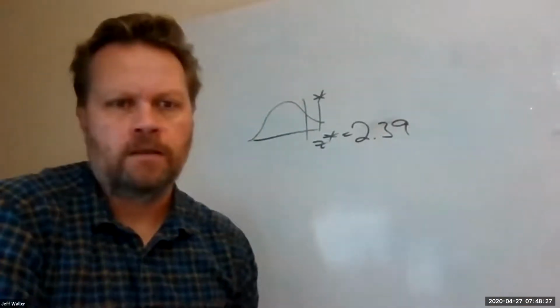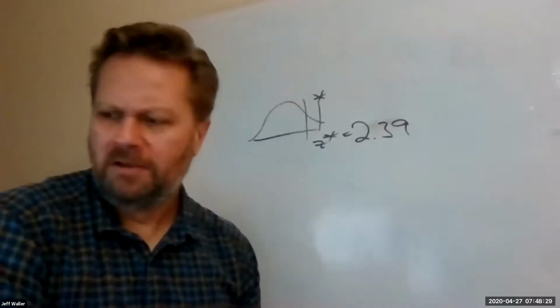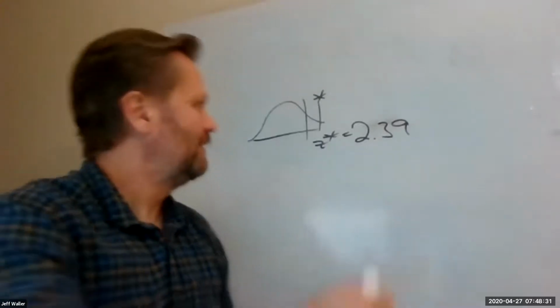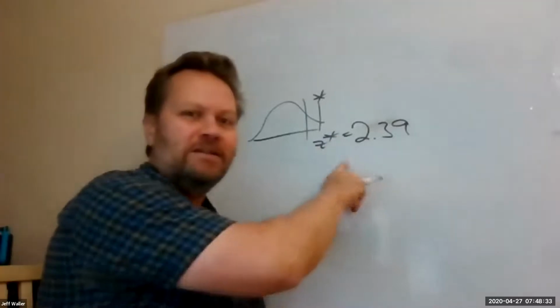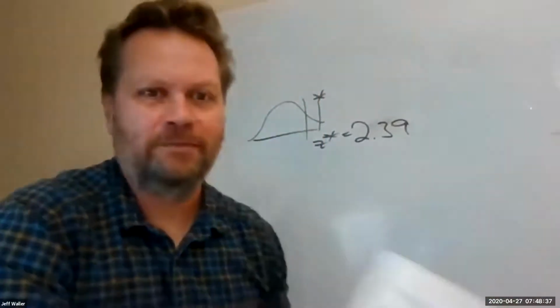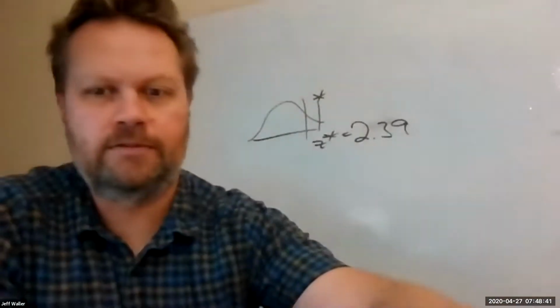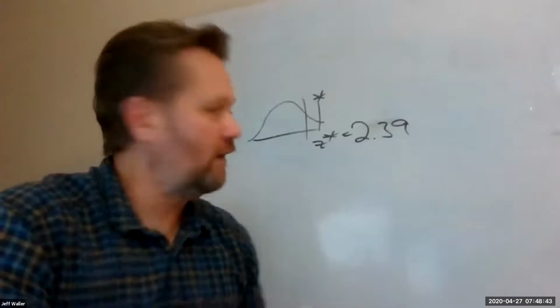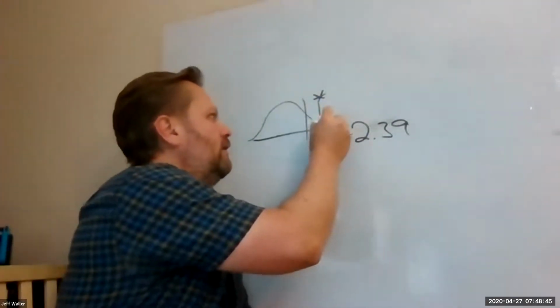There went the cap for the marker. So if I get a Z star of 2.39, you all have your Z score chart? Can you find the area in that tail?